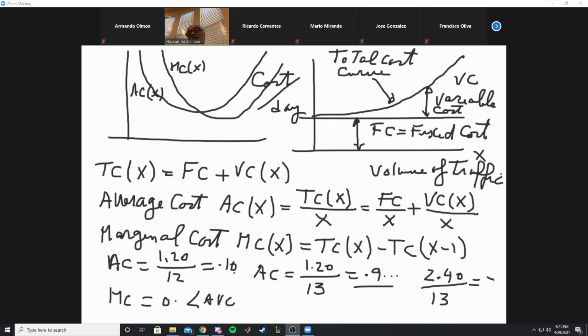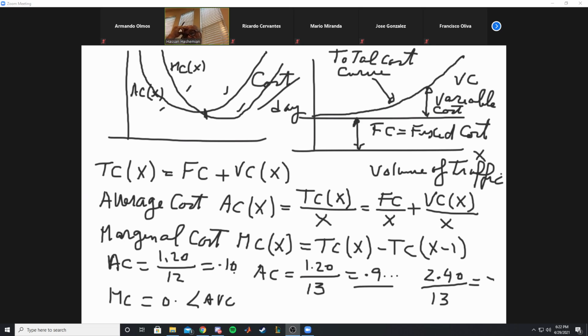So that extra unit is very important. What is the cost of that? If the marginal cost, which is the extra unit, is less than average cost, you push the average cost down, which we have in this case here. But if the marginal costs start going up, the average cost goes up. So this is the point that we want to stop. We don't want the average cost to go up, especially on the freeway, because average cost mostly is related to the time you spend on the freeway.